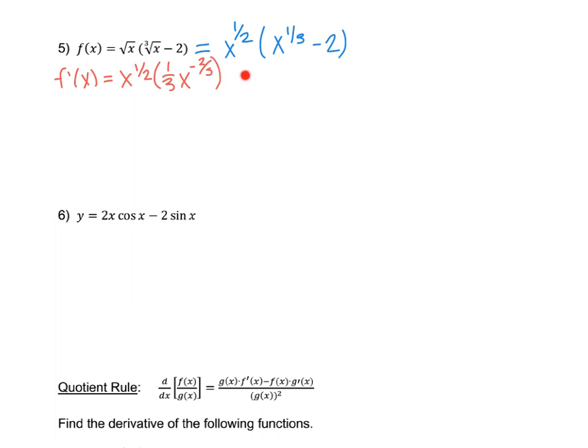So I know it gets overwhelming here, so I have the original function times the derivative of the second function. And then going back to my formula, we add that to the derivative of the first function, which would be 1/2 x to the negative 1/2 times the entire second function, which is x to the 1/3 minus 2.